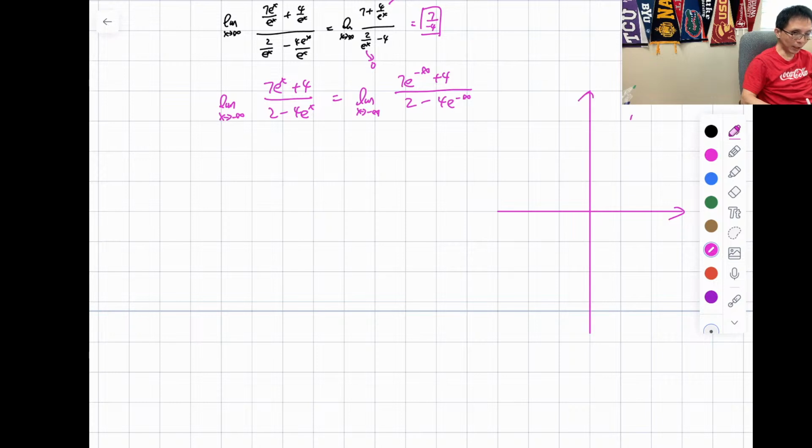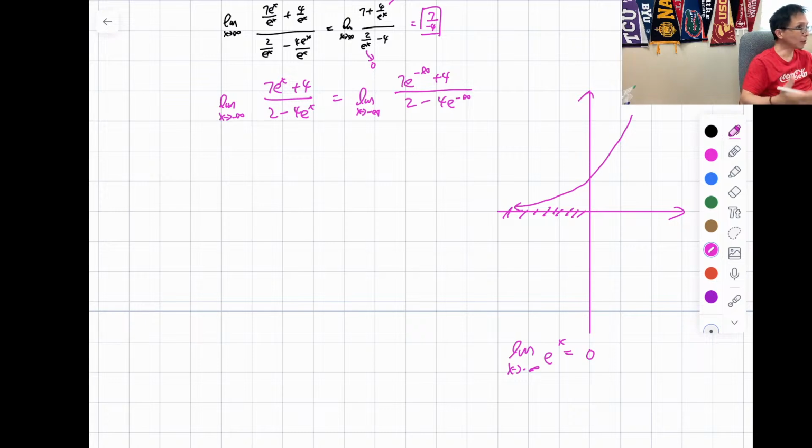You have to know the e^x graph. What happens if it goes to negative infinity? That's equal to 0, because it gets closer to 0. It's a horizontal asymptote on the left side.